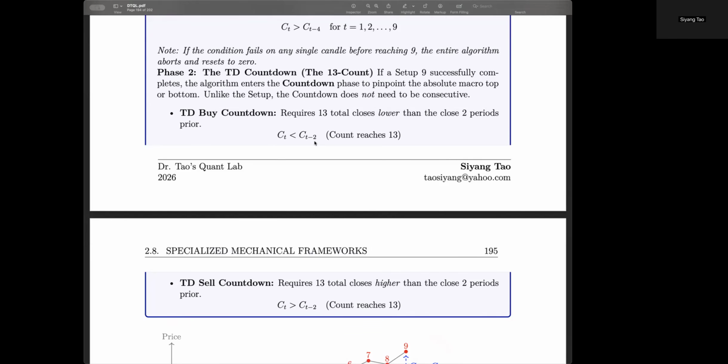For a buy countdown, the algorithm counts every day where the close is lower than the close 2 days prior, which means C_t less than C_(t-2). When this count finally reaches 13, the macro downward move is considered mathematically dead.